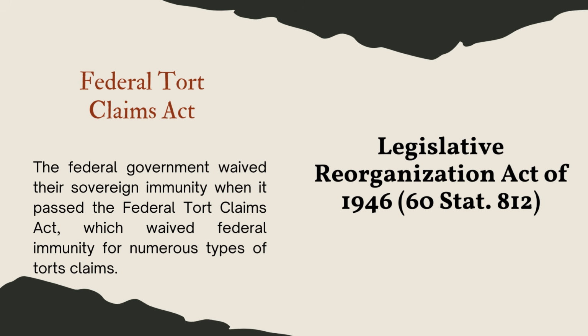The federal government waived its sovereign immunity when it passed the Federal Tort Claims Act, which waived federal immunity for numerous types of tort claims. And of course, this is governed by the Legislative Reorganization Act of 1946. So let's see what the act entails and how it works.